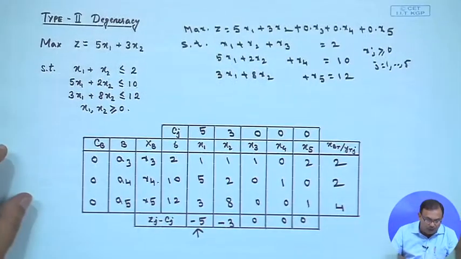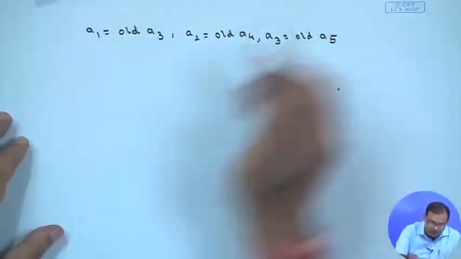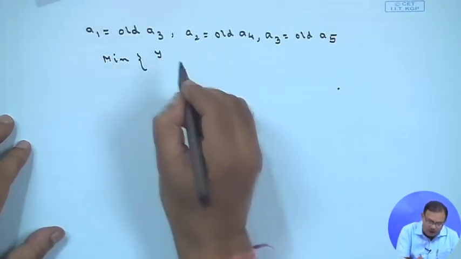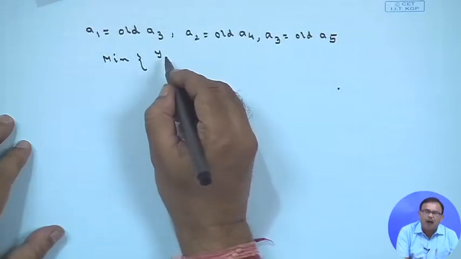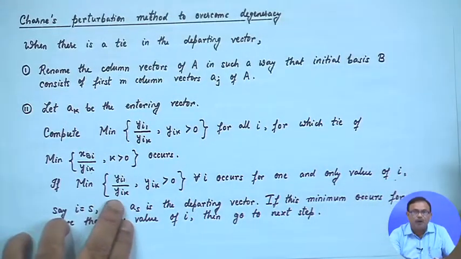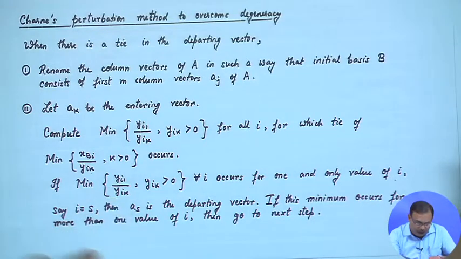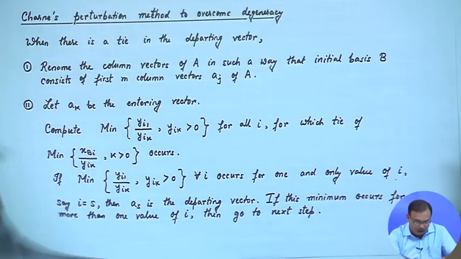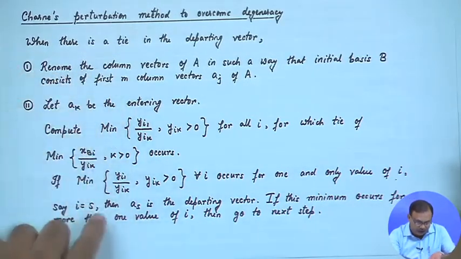Now, I have to find the minimum of this one. If you remember in the earlier degeneracy examples, it was yi1 by yik, where the minimum occurs for i, with k greater than 0. Your entering vector is ak.